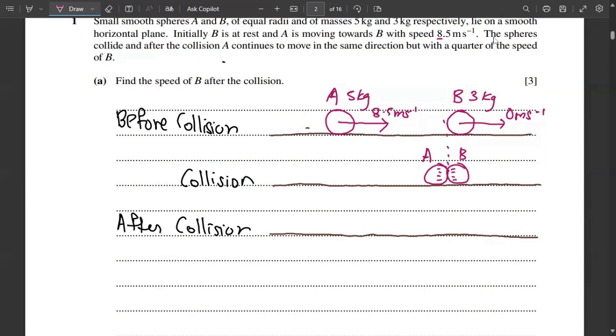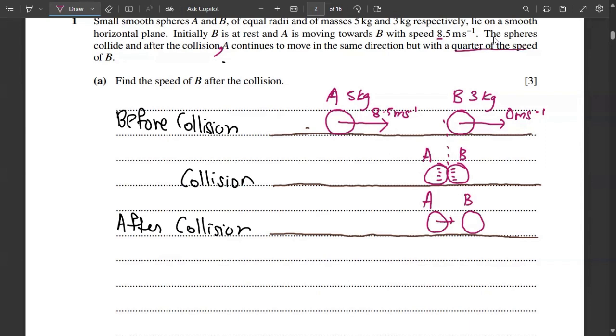The spheres collide, and after the collision, there should be a comma here. A continues to move in the same direction, but with a quarter of the speed of B. Okay. Very interesting question. That means A is right here and B is here. And after the collision, A will start to move in the same direction. But now what will happen?